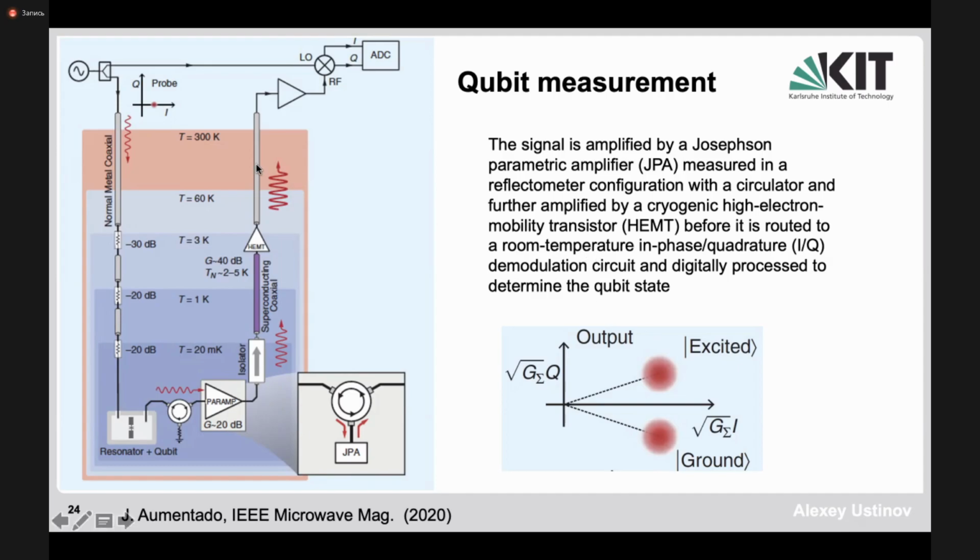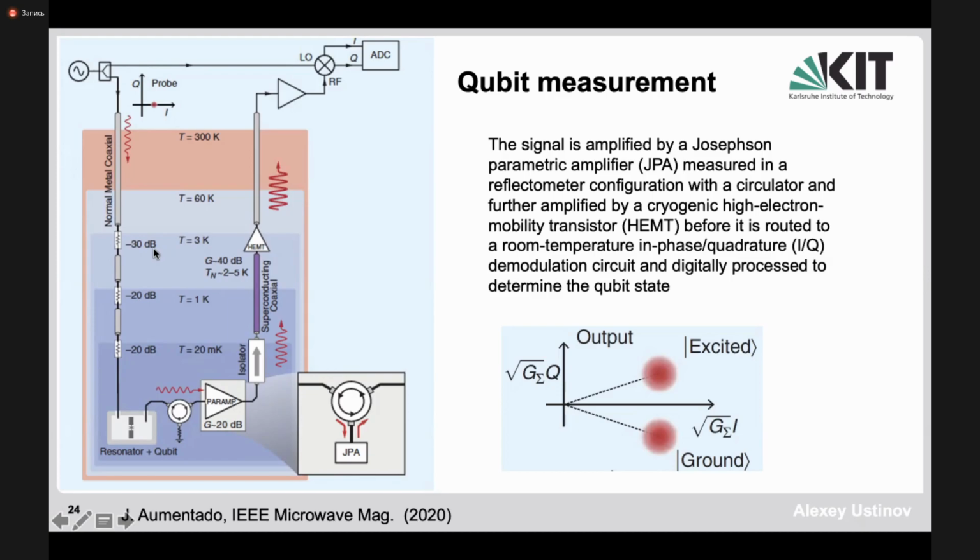Now, when we bring the signal from room temperature electronics, the signal has to contain as few thermal photons as possible. And moreover, we don't need a large signal, we need only a few-photon signal applied to the qubit. So therefore, on the way, typically people place many dividers, which are called attenuators.